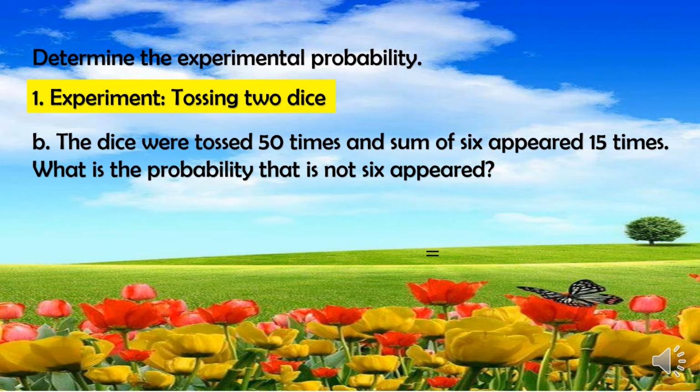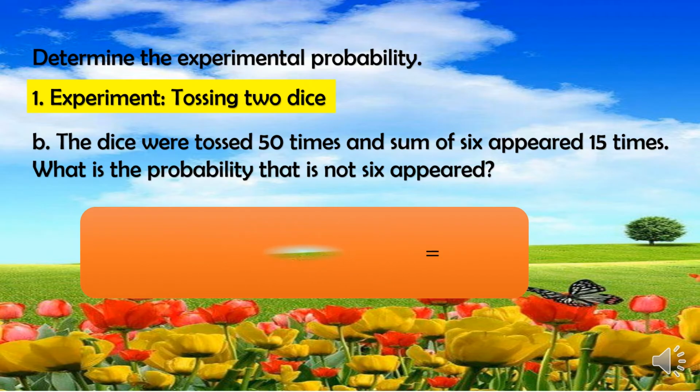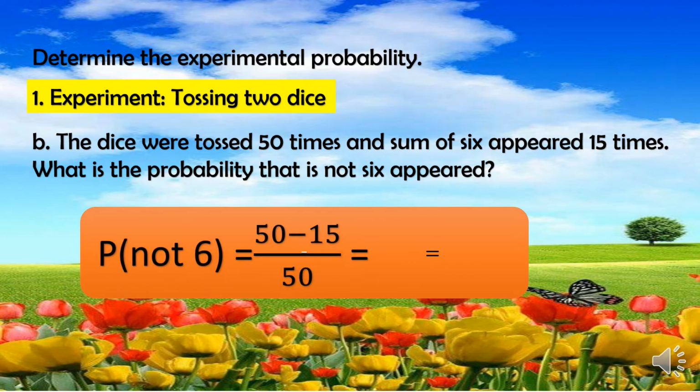For letter B, the dice were tossed 50 times and the sum of 6 appeared 15 times. What is the probability that not 6 appeared? So we have this formula, P of not 6. The total trials is 50 and the sum of 6 appeared 15 times.